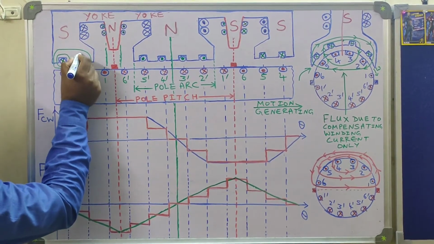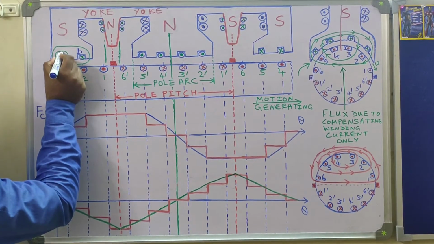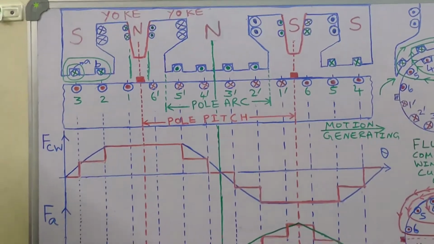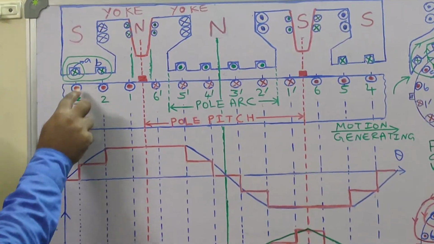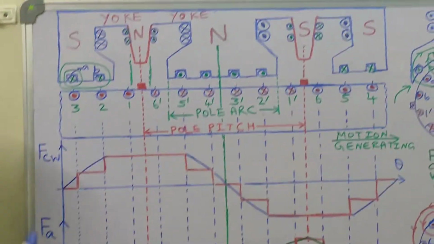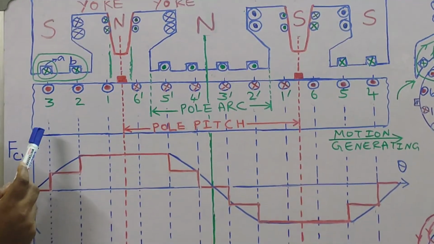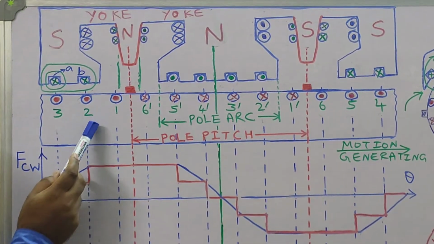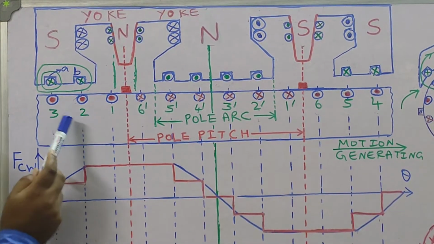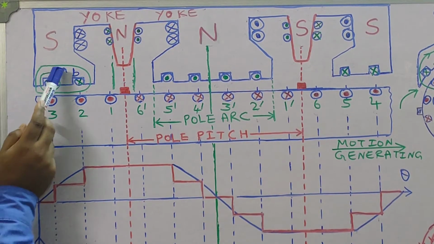This is your slot, this is conductor number B of the compensating winding, and this is, let's say, A. So A and B of the compensating winding are under the direct influence of the armature conductors placed in slot number 3 and 2 of the armature core.